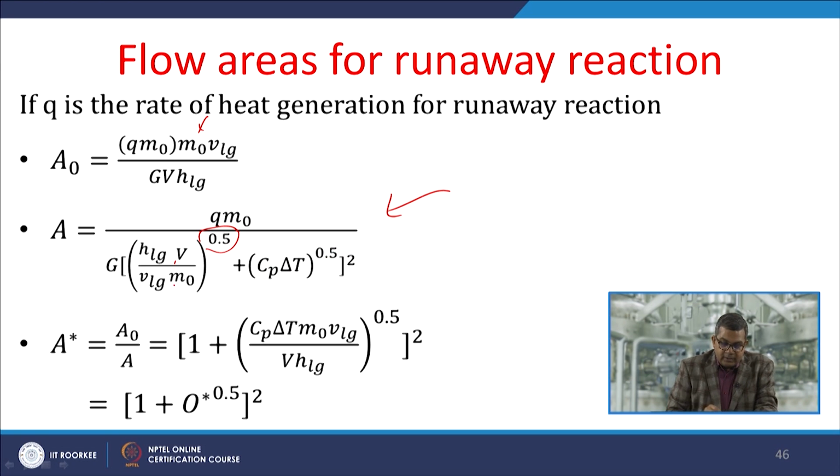The entire thing is under the square. So, A star is equal to A naught upon A is equal to 1 plus Cp delta T m naught VLG upon VHLG to the power 0.5 the whole square, and it comes out to be 1 plus O star to the power 0.5 square.